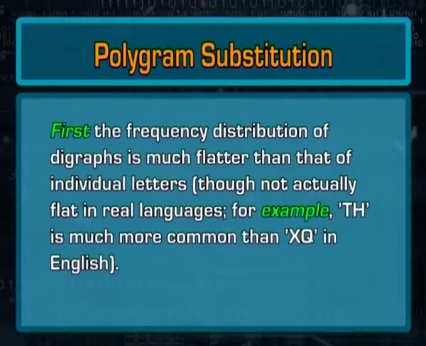The advantage of this is, first, the frequency distribution of digraphs is much flatter than that of individual letters, though not actually flat in real languages. For example, TH is much more common than XQ in English.